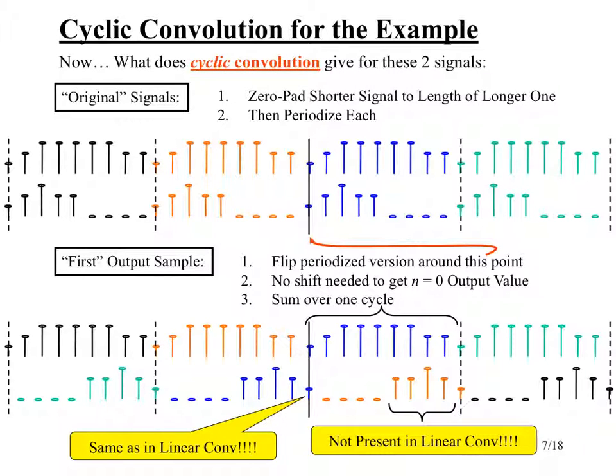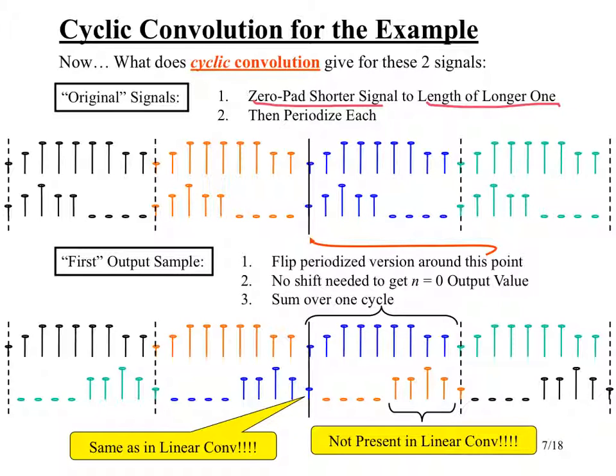When we talked about the DFT property of multiplication and then transforming back, we talked about what cyclic convolution does. And one of the ways we talked about it was in the context of periodizing the signal. So in this case, we're going to zero pad the shorter signal out to the length of the longer one.